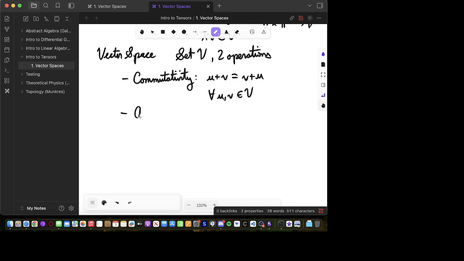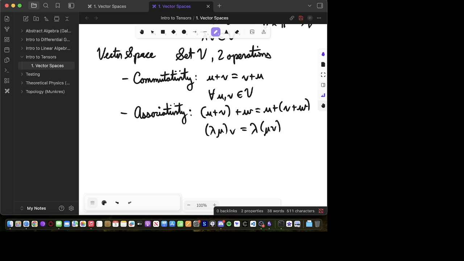We also have associativity, and this gives us (u plus v) plus w equals u plus (v plus w), and (lambda times mu) times v equals lambda times (mu times v) for all u, v, and w in V, and for all lambda and mu in the field.